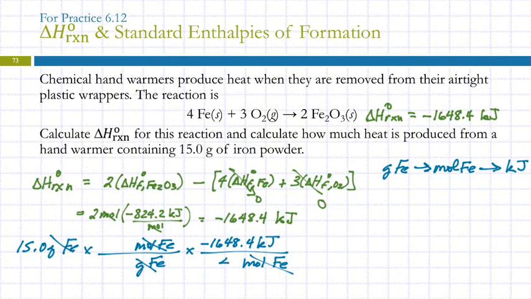For 4. I need a 4 down there. And then for iron, grams to moles, 55.85. It's just off the periodic table. Grams is 1 mole of iron. We have 15.0 divided by 55.85 times negative 1648.4. And so this is giving me negative 442.7 kilojoules.